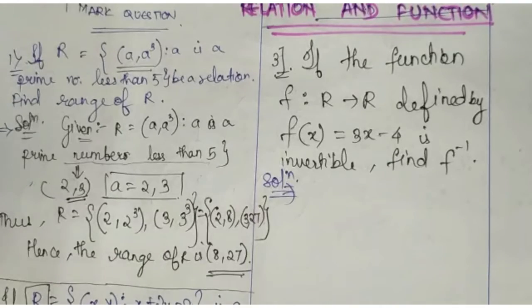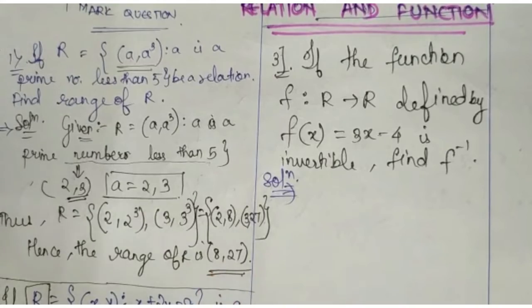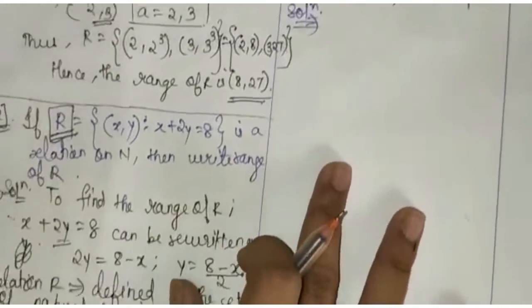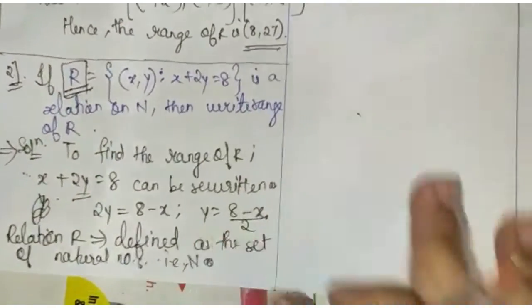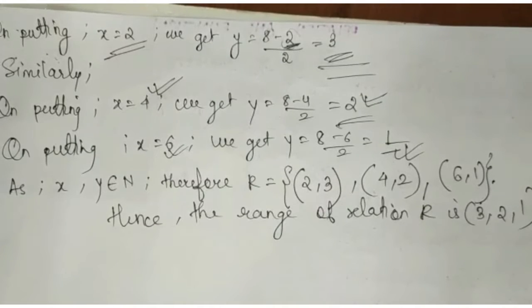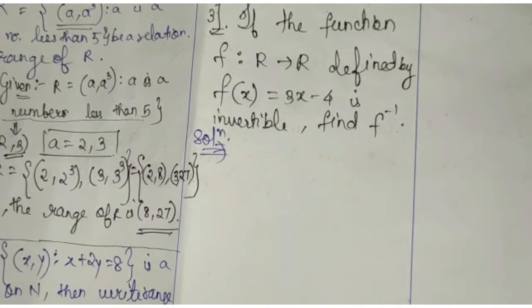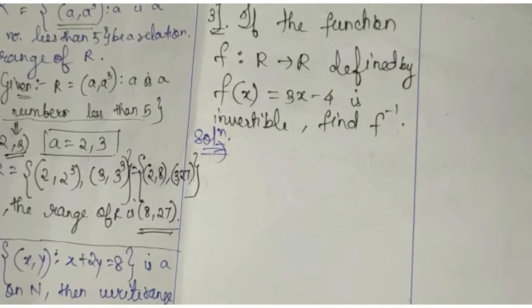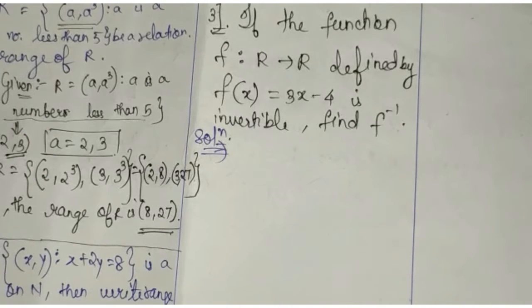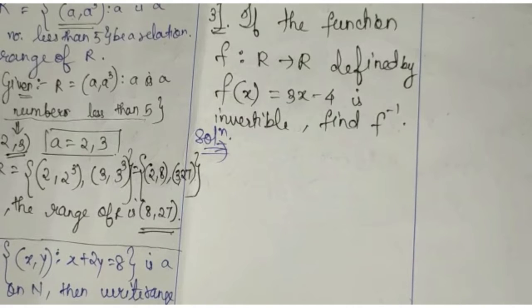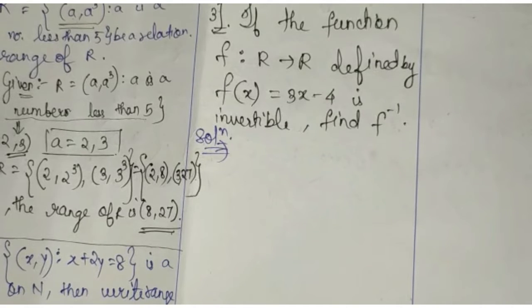So hope you understood the first type and the second type of question. Just see it at one go. Now coming to the third type of question: if the function f from R to real numbers defined by f(x) = 3x − 4 is invertible, then find f inverse.